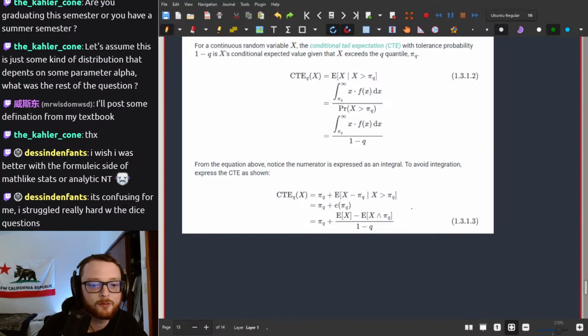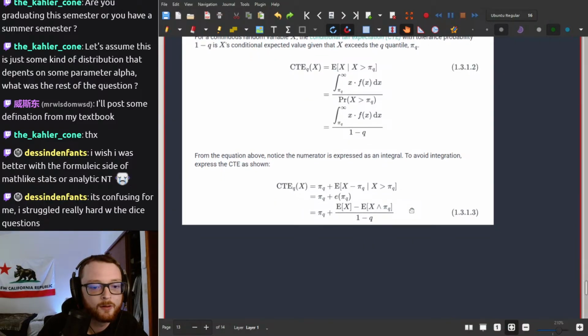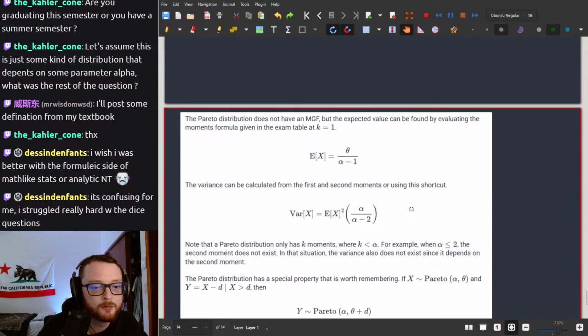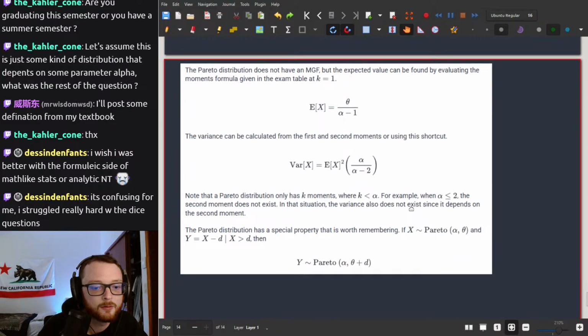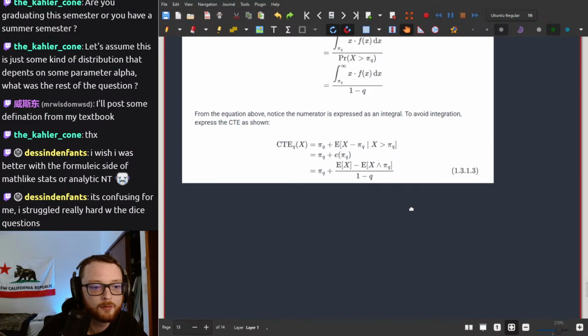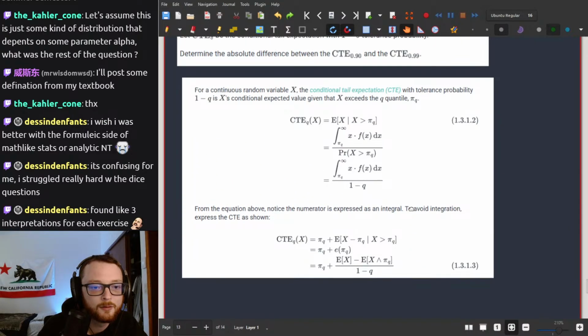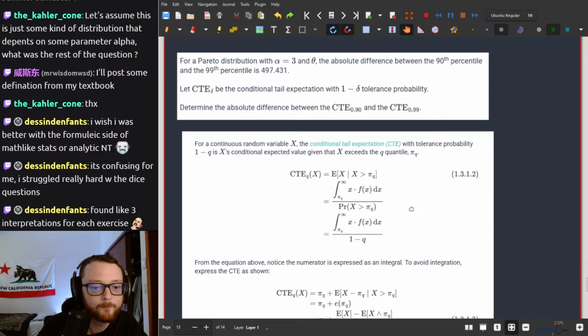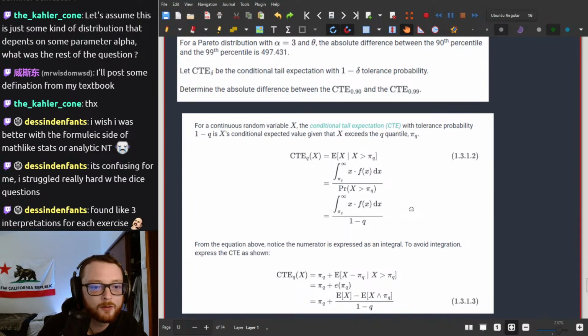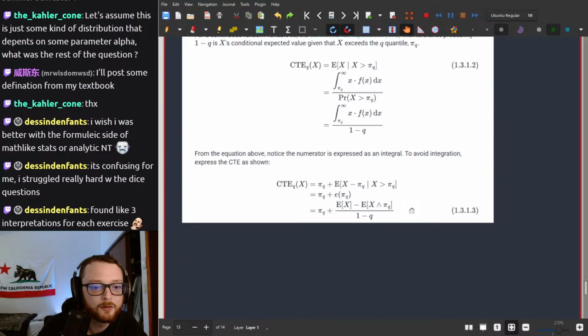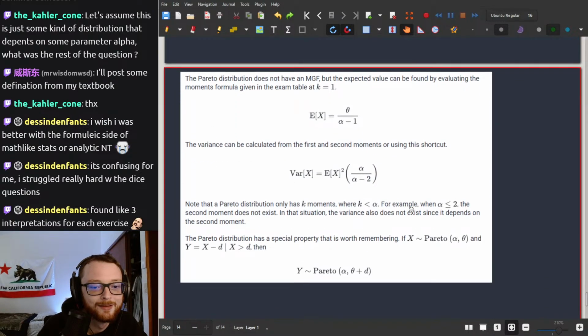I guess it's from that. We'll get some function in something that we then need to integrate. Oh, God. What is pi sub q?